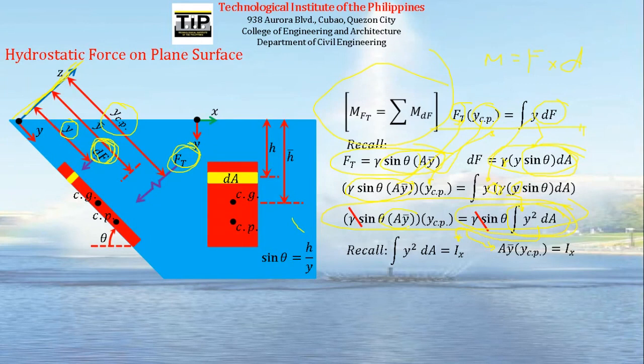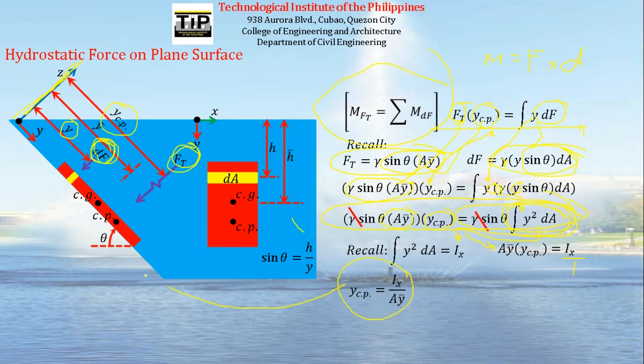So this equation, so na-cancel na yung gamma sine theta, will become this. So ang matitira is A y bar ycp equals Ix. And yung Ix natin, dito nang galing. Okay? Integral of y squared dA is equal to this. So ito na lang yung naging equation natin. Therefore, if we cross multiply the area and the y bar, on this side, it will become this.